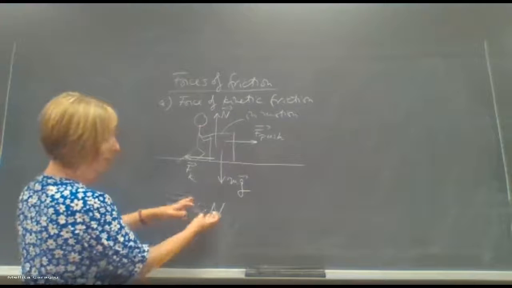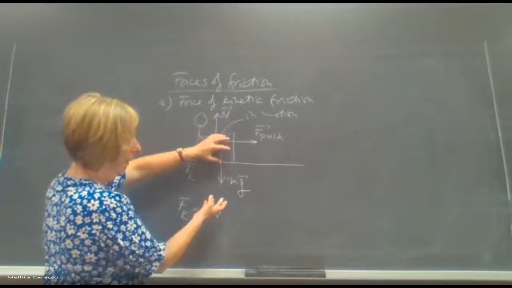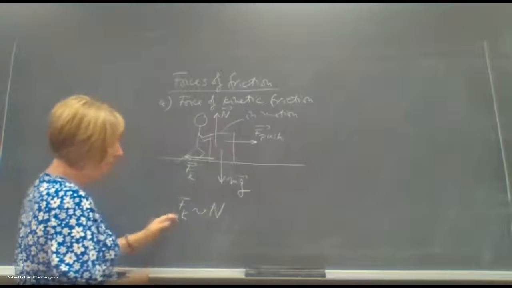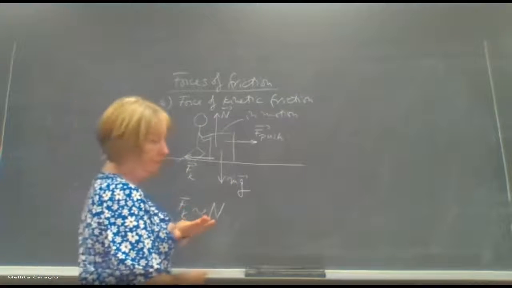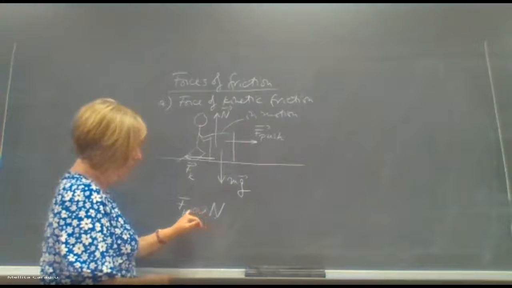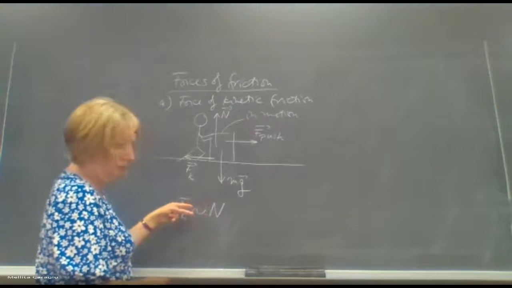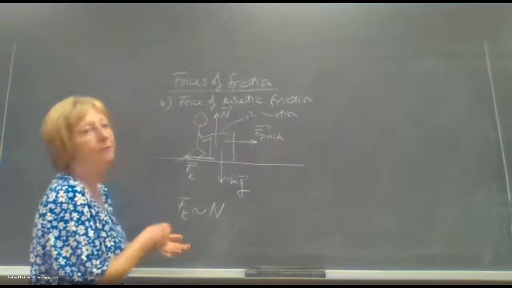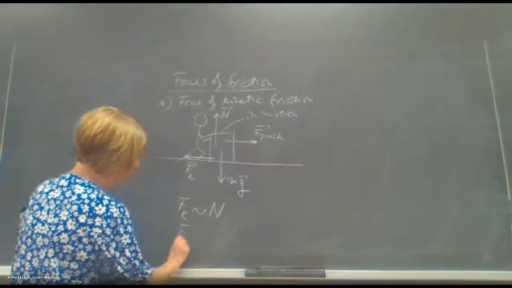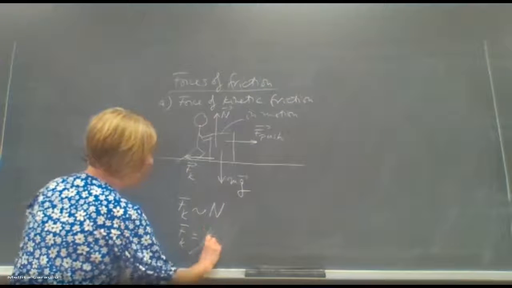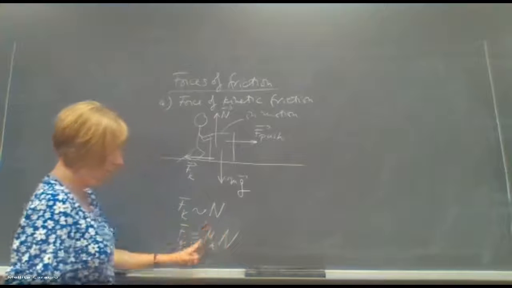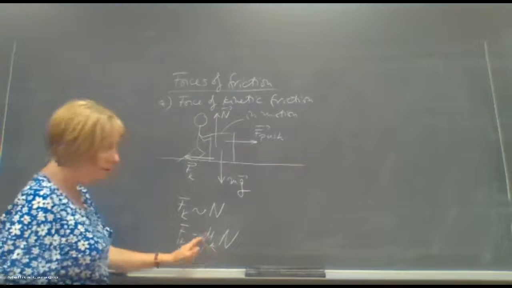So again, it depends on how much the object presses on the hard surface. And as I've said before, if we go from proportionality to equality, we usually need, not usually, always, we have to multiply with a constant. That constant is the coefficient of kinetic friction, so that's the proportionality constant.